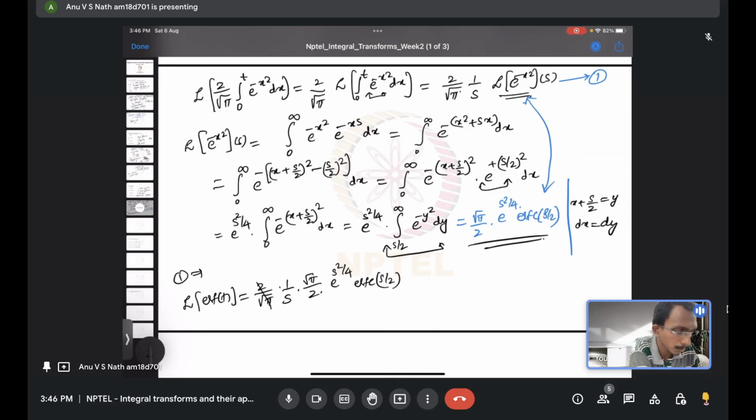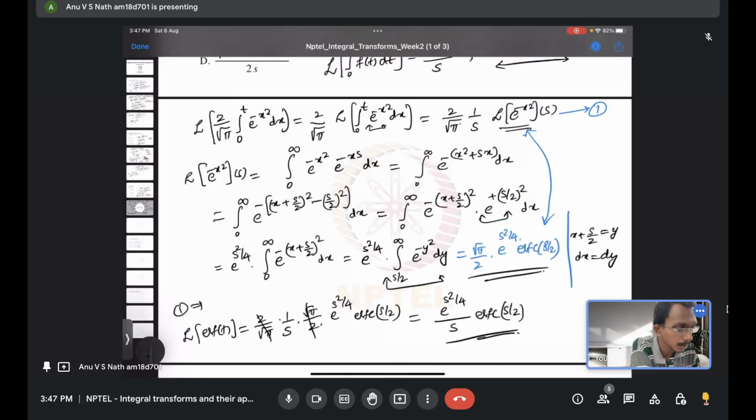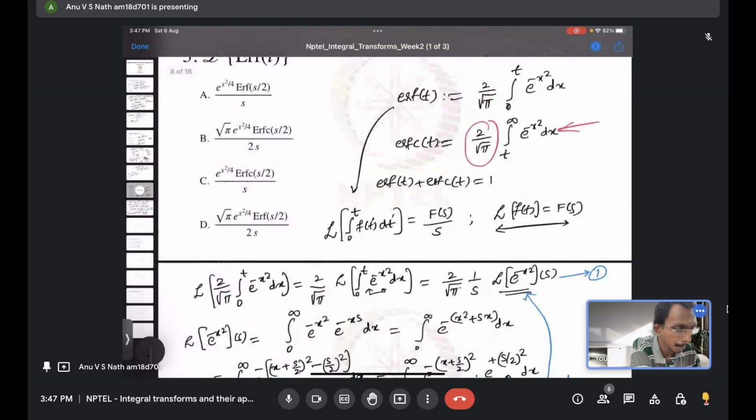Now see, this 2 by square root of pi and square root of pi by 2 will cancel. So just e raised to s square by 4 by s complementary error function of s by 2, which is the solution. So option C.